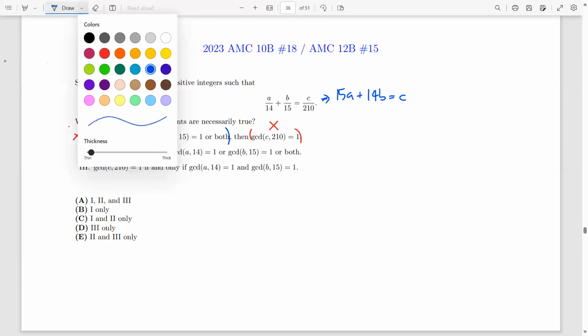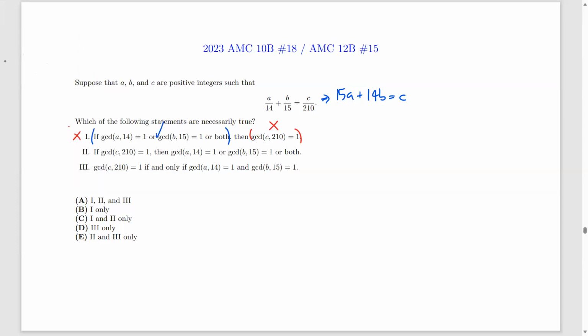So doing so would disprove statement 1. So let's think what we can set a and b to be so that at least one of these statements involving the GCD is 1, but the GCD of c and 210 is not 1.